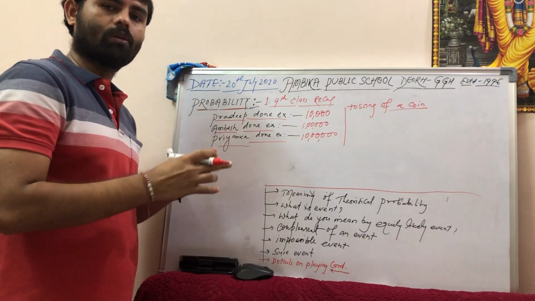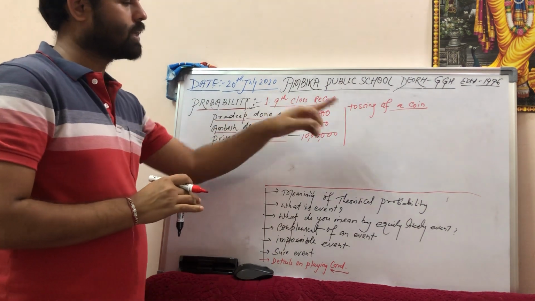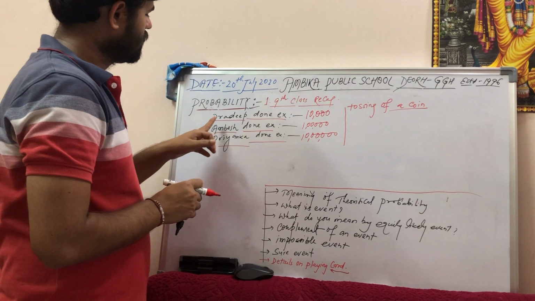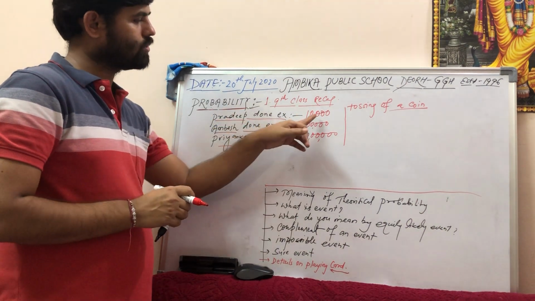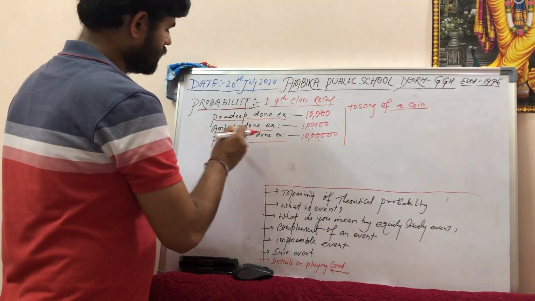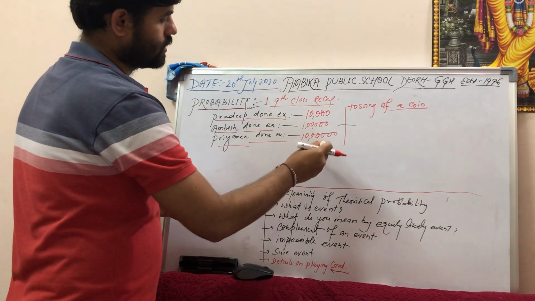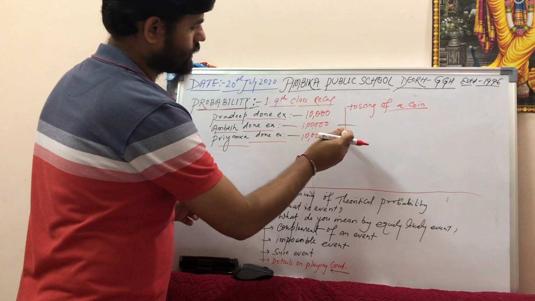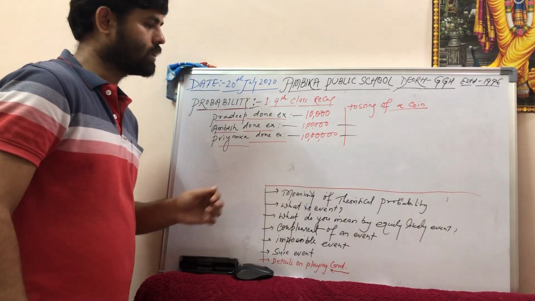In the previous example, the experiment was done 1000 times and we got some data. But now it is 10,000, 1 lakh, 10 lakh times, something like that.